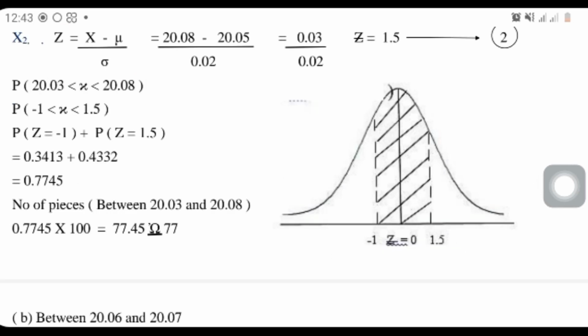You can see that 20.03 is lower than x, and x is lower than 20.08. In the same way, minus 1 is lower than z, and z is lower than 1.5. We want to solve for the region between these two values, so we need to find the probability according to the x value, since the question asks about x.